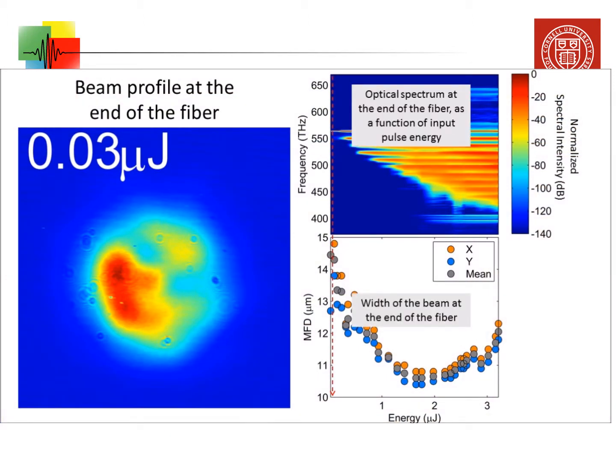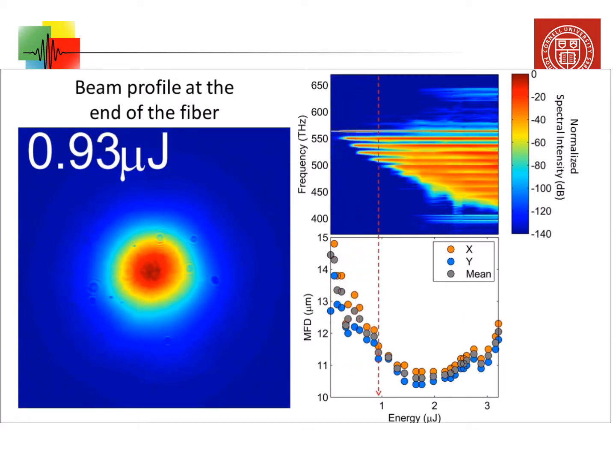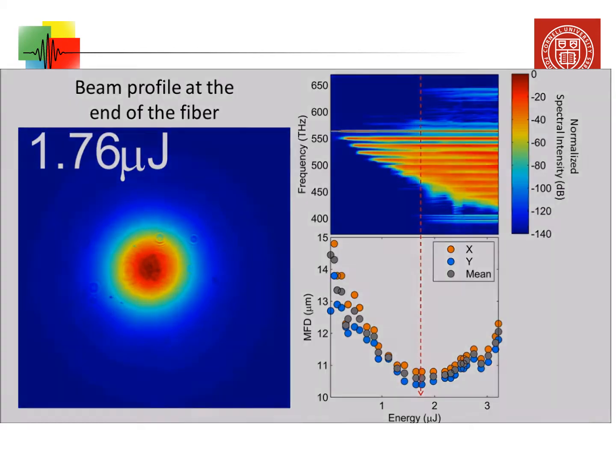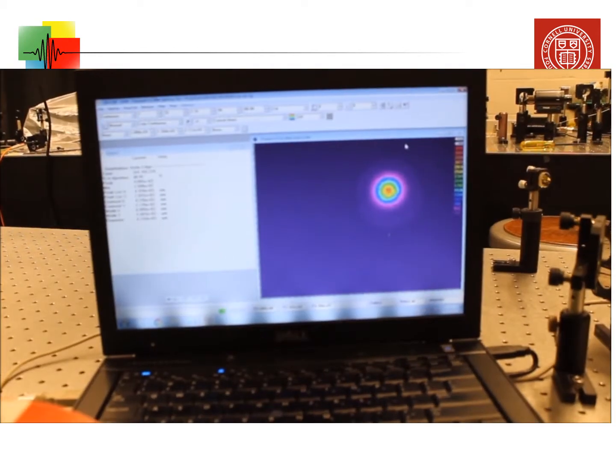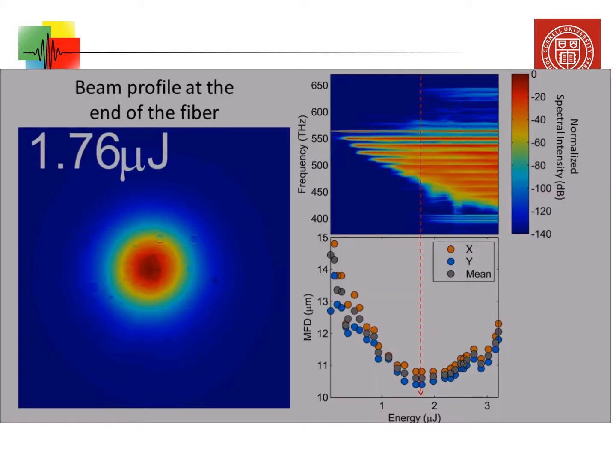As we increase the energy, you can see the evolution of the spectrum and the beam profile. And as the energy goes up and up, we see the confluence of different nonlinear and dissipative processes lead to energy across the spectrum condensing into that fundamental mode. Now, what happens after that is pretty interesting.